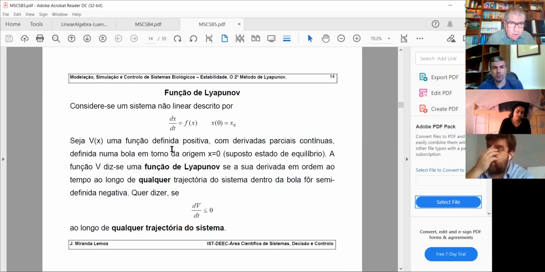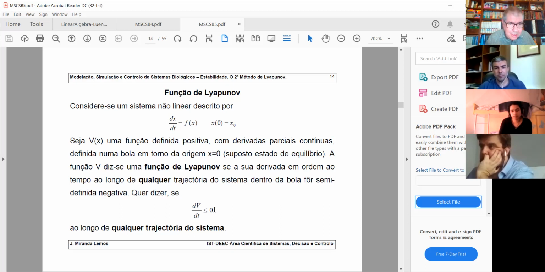And you build a function which is positive definite. Your next question is, how can I find this function? There is no general method, only for certain problems. Somehow you find a function which is positive definite, and such that the derivative of the function with respect to time, when you travel along the trajectories, the solutions of dx/dt equal to f(x), is smaller or equal to 0.